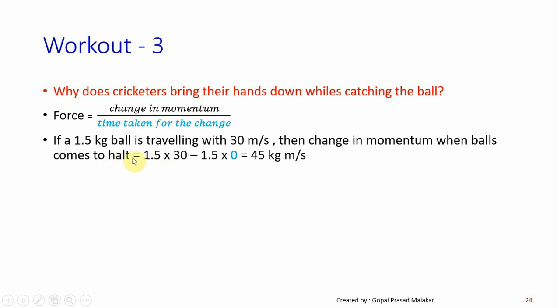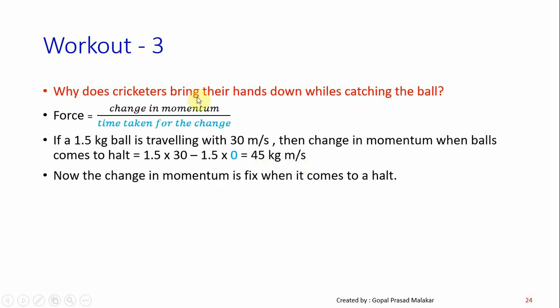And when it comes to a halt, the velocity is 0, so the final momentum is 0. So what is the total change in momentum? 45 kg meter per second. Now, what is the force that the fielder will experience? The change in momentum is fixed here, because the initial velocity is fixed, so it is 45 kg meter per second.